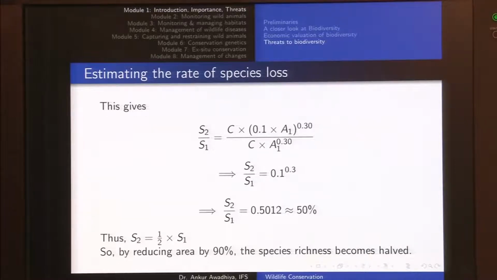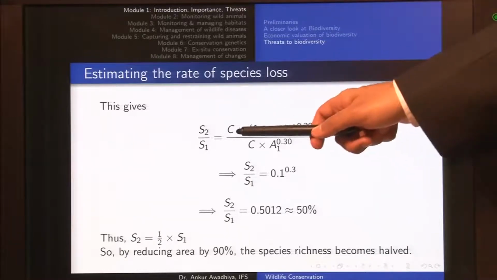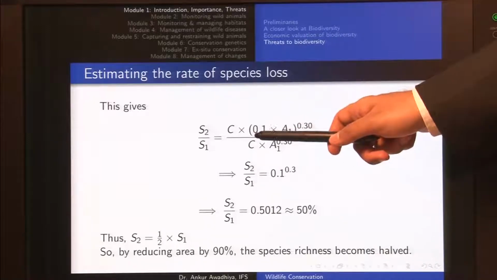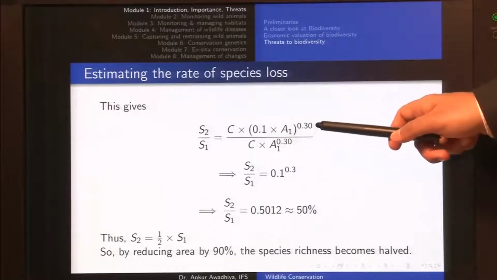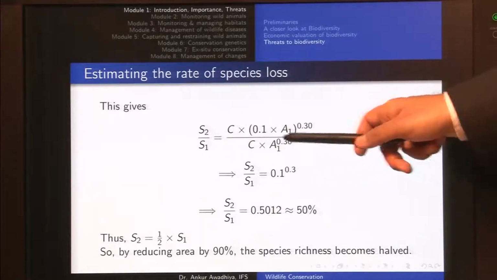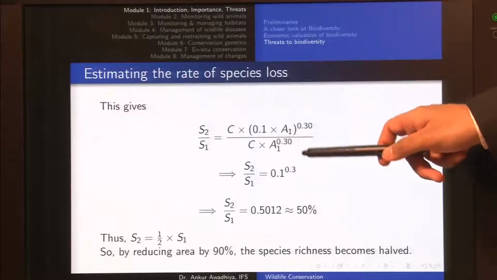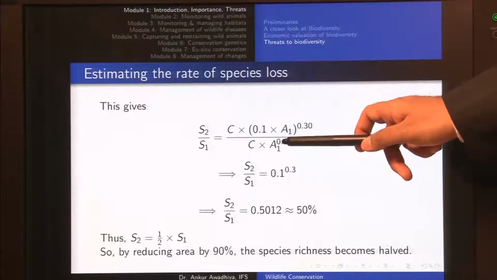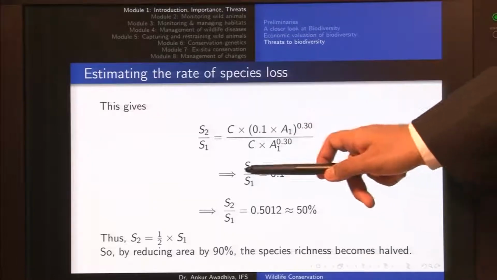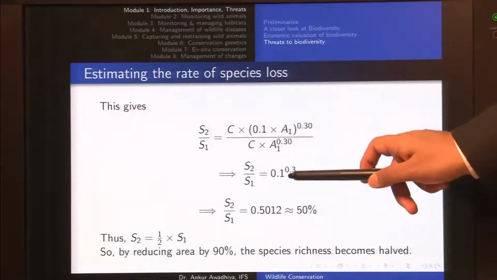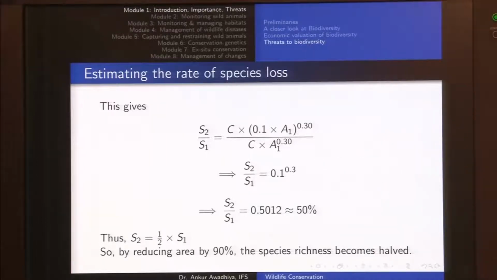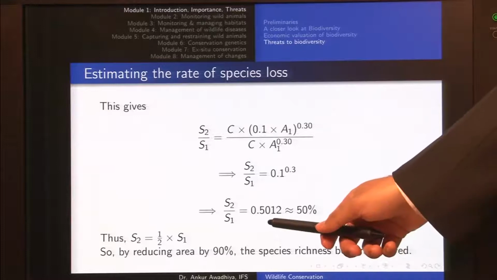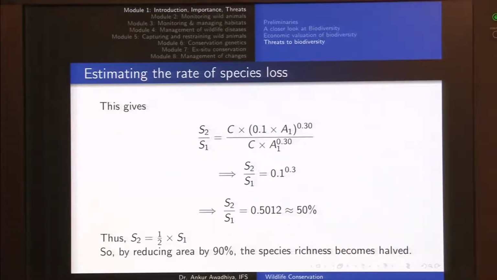S2 divided by S1 is given by C into 0.1 into A1, whole to the power 0.3, which is S2, and S1 is C into A1 to the power 0.30. So, C and C cancel out, A1 to the power of 0.3 also cancels out. So, we have S2 divided by S1 is 0.1 to the power of 0.3, and when we compute that, we get this value of 0.5012, which is close to 50%.